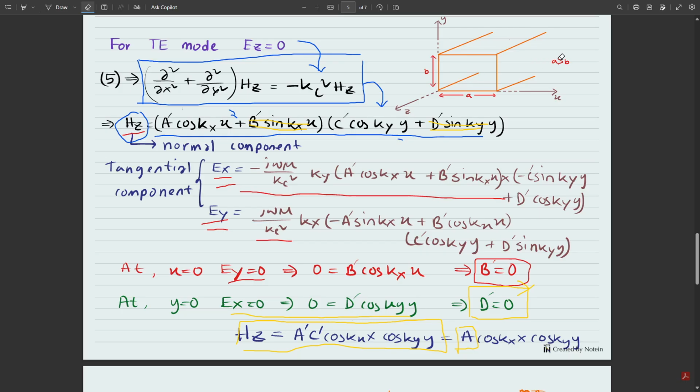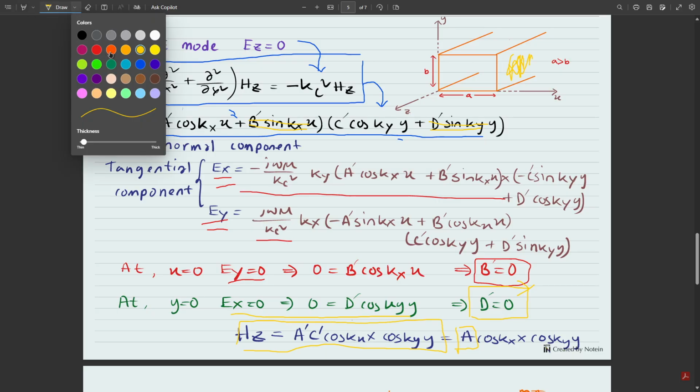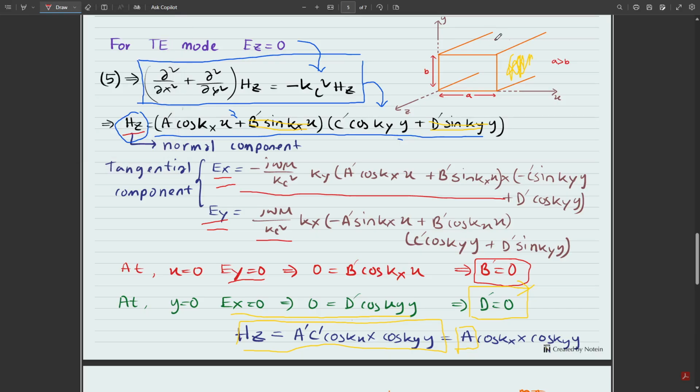Okay, so our other two initial conditions were: at x equals a, our tangential component Ey will again become 0, and at y equals b, our tangential component Ex will become 0.